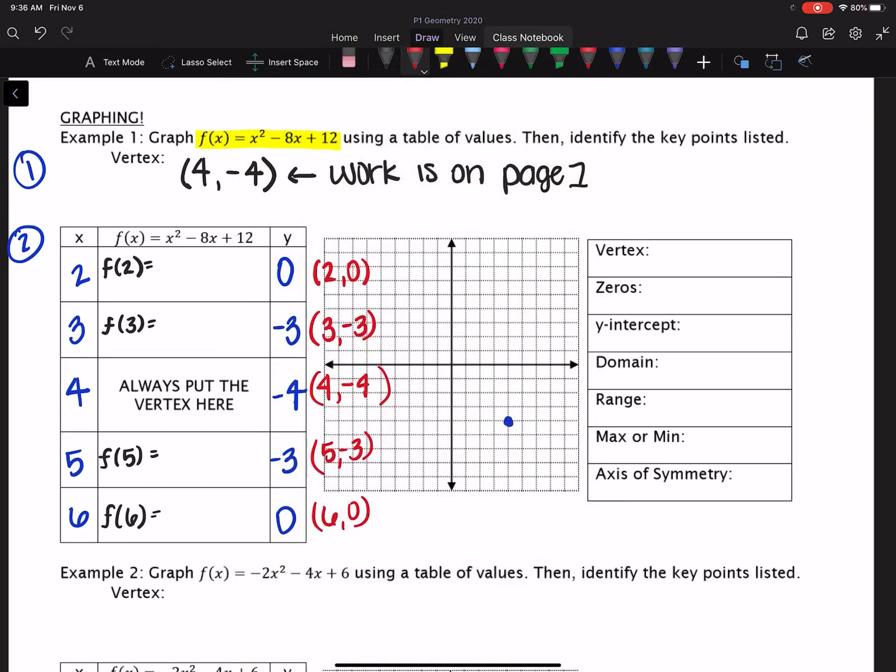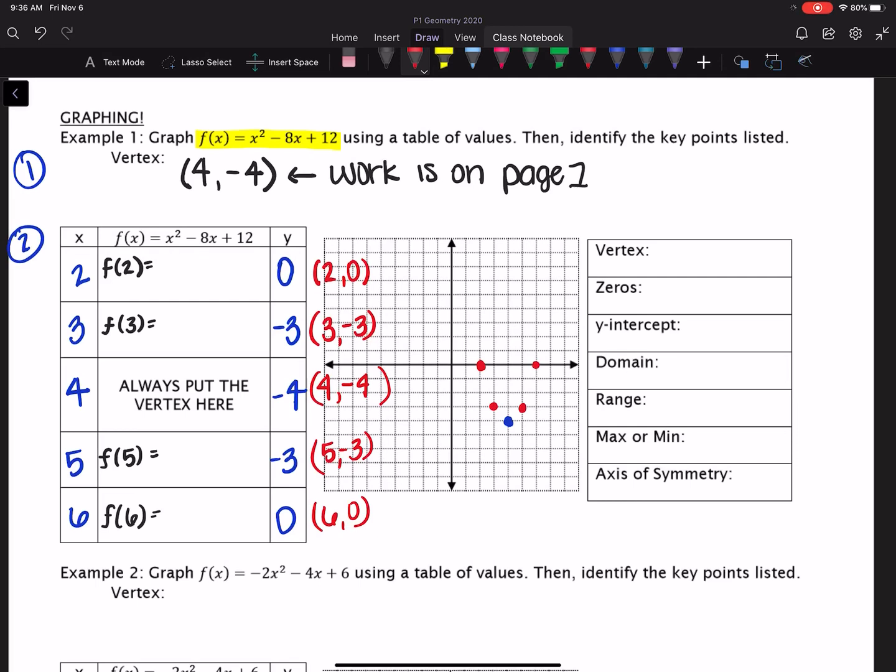What I can do next is take these ordered pairs and graph them. I'm going to start with 2, 0. I can plot that point. Then I can go 3, negative 3. I've plotted my vertex in blue. I can go 5, negative 3, and 6, 0.